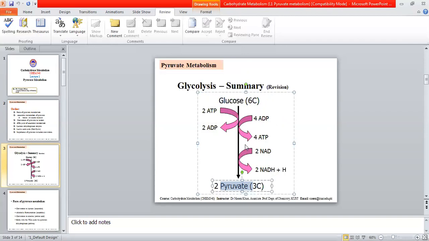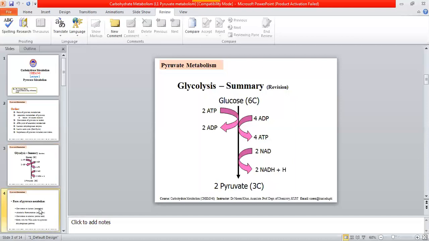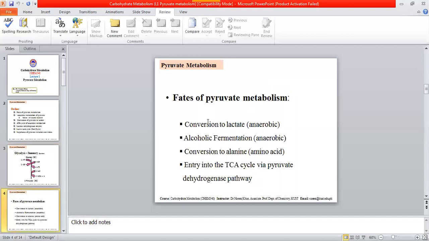So this means that up to now, starting from glucose in the carbohydrate metabolism, in glycolysis we have the 3 carbon compound pyruvic acid and 2 net ATP molecules produced, and also 2 reduced NAD coenzymes. Okay. Now to start with, the first point: what are the possible routes for carbohydrate metabolism?